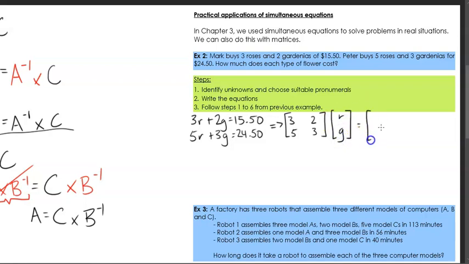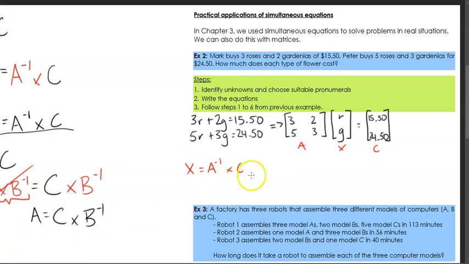And this is just equal to the column of the total amounts, $15.50 and $24.50. And we'll label this as matrix A, matrix X, and matrix C. To get matrix X, because that's the one we're looking for, it's just the inverse of A multiplied by C.